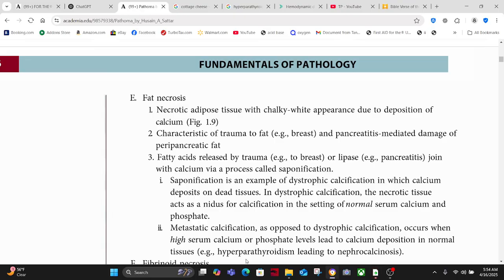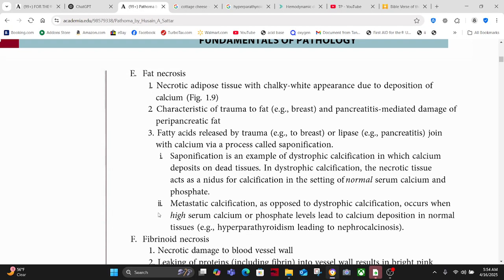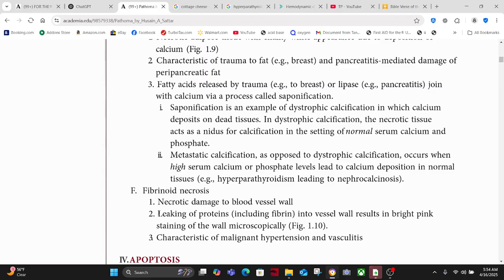And hyperparathyroidism can happen due to parathyroid adenoma, parathyroid hyperplasia, and even cancer. So you'll have too much PTH, and that will cause too much calcium and decreased phosphate.